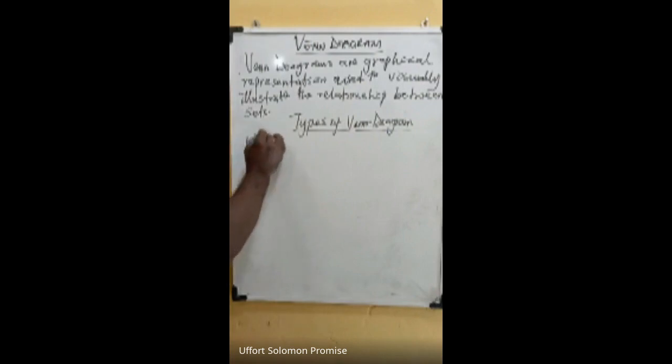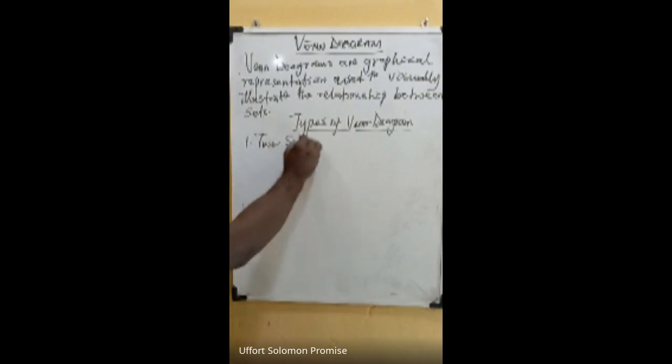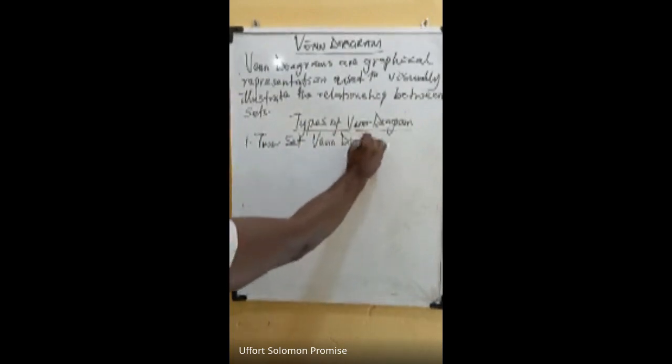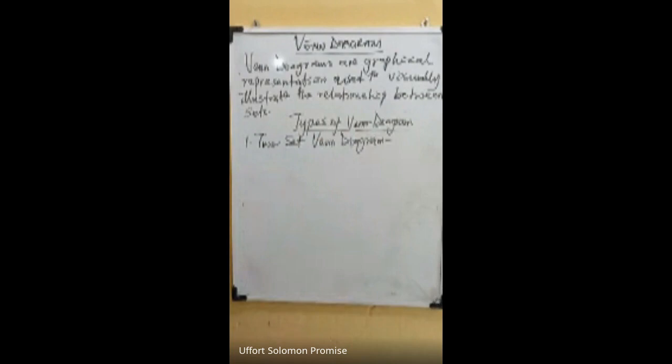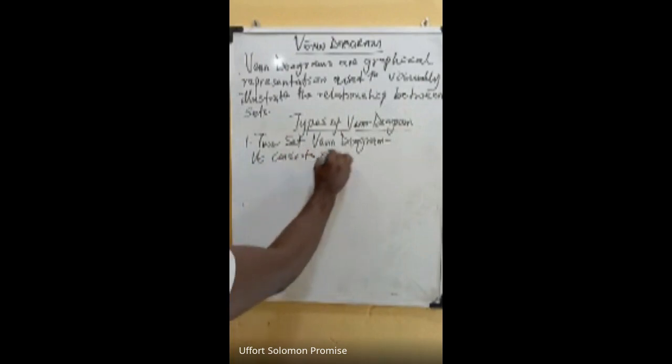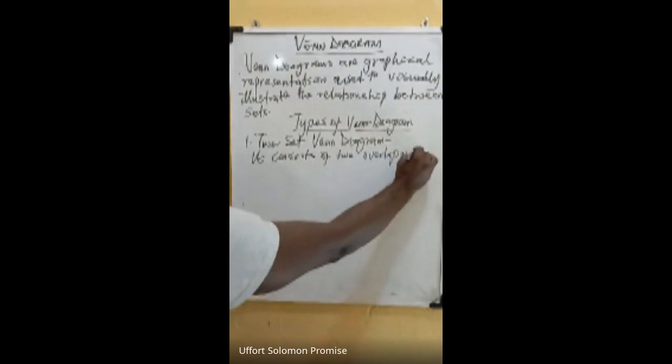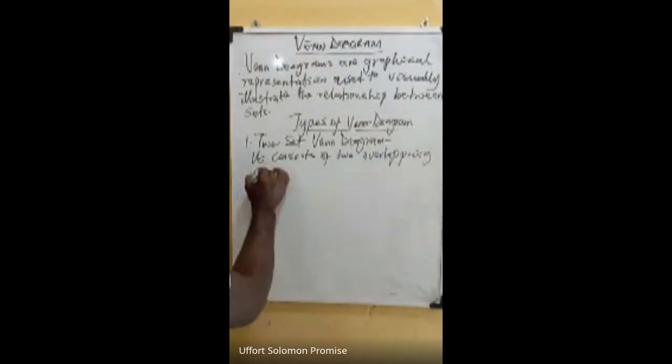The first one is the two set Venn diagram. The two set Venn diagram consists of two overlapping circles.